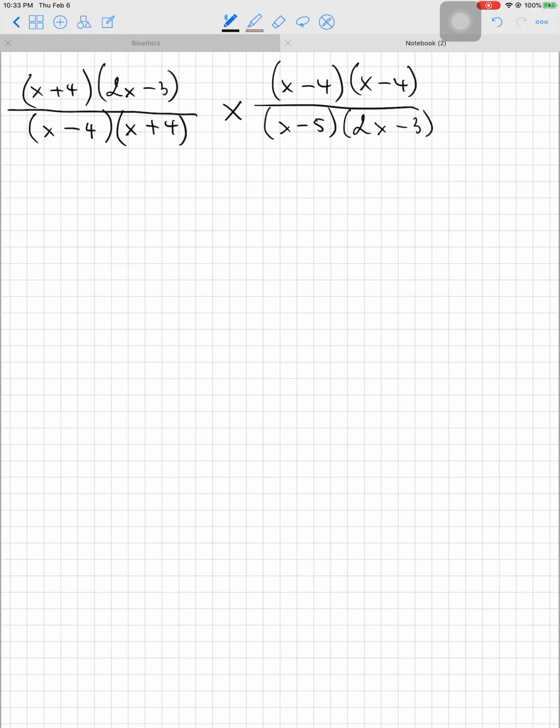So just looking at this, we can see that we can cross out these two. We simplify this as 2x minus 3 over x minus 4.